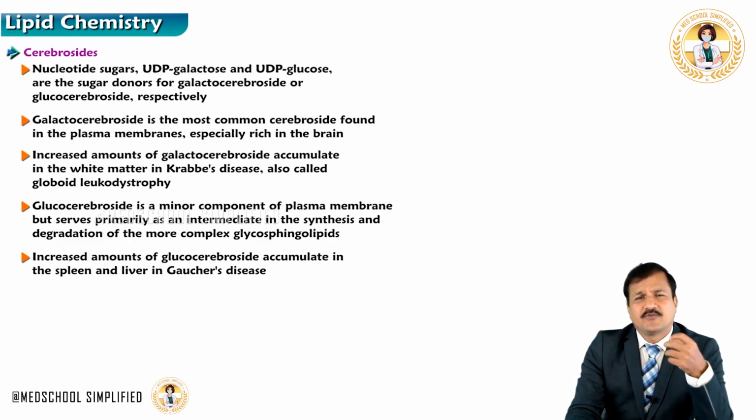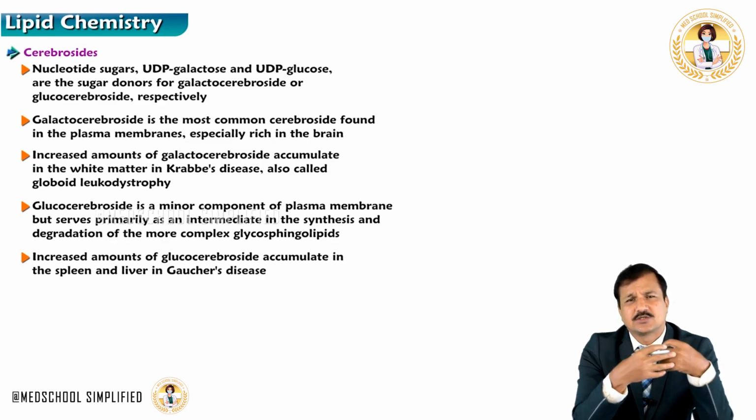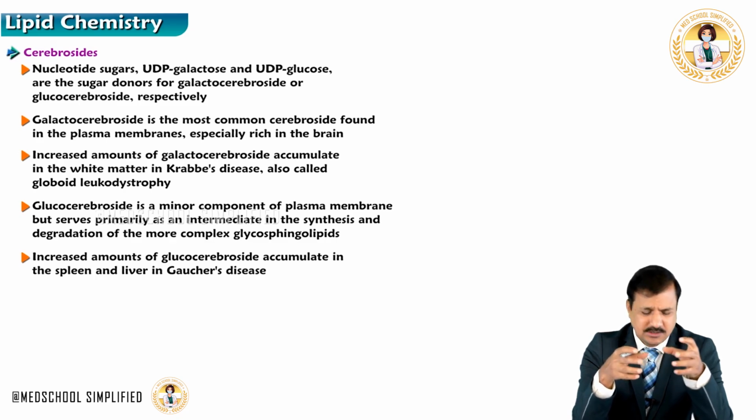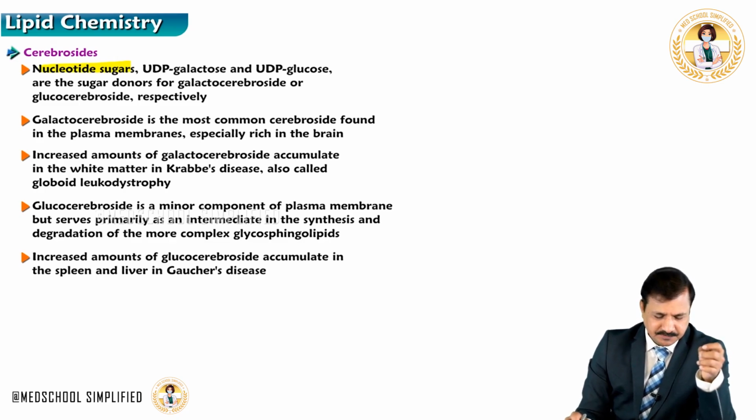And here for glucose and galactose, it is uridine diphosphate, a nucleotide, which is taking monosaccharides to attach them to ceramide to make a glucosyl ceramide or galactosyl ceramide. So here glucose and galactose go in as UDP glucose or UDP galactose. These are simply referred to as nucleotide sugars.